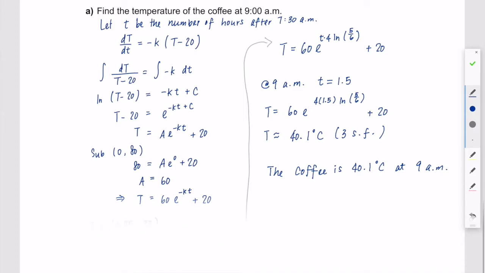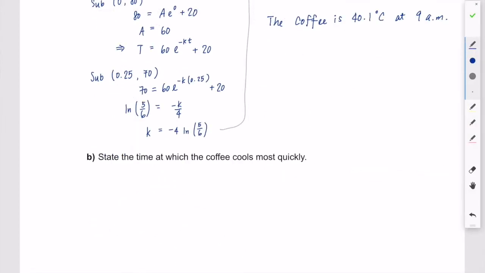Okay? Part B asks for the time at which the coffee cools most quickly. So we can take a quick look at the differential equation that we have. The differential equation itself, dT by dt, well, we know what k is, but I don't really care. This is our differential equation. Let's analyze this. Negative k is constant, right?